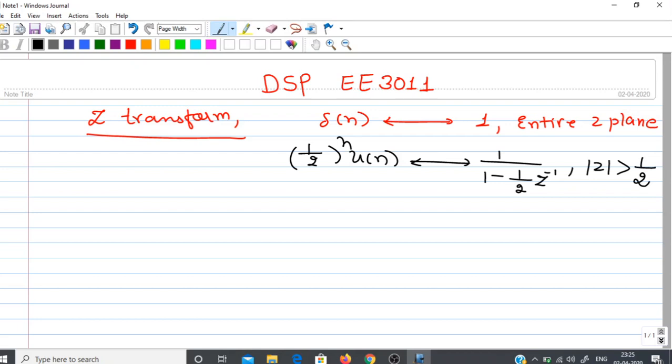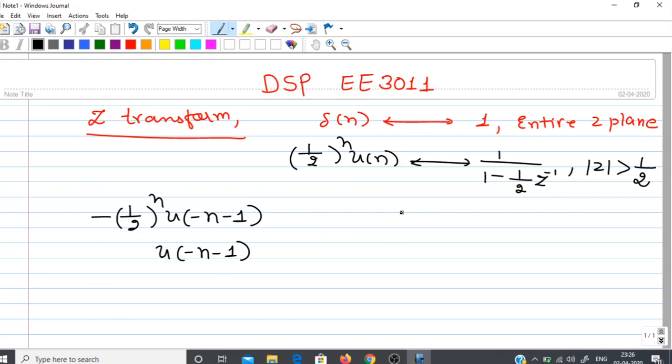So the first problem which I shall take today is (-1/2)^n u[-n-1]. This is the sequence whose transform we shall find out. Before drawing this sequence, let me explain what this sequence u[-n-1] is.